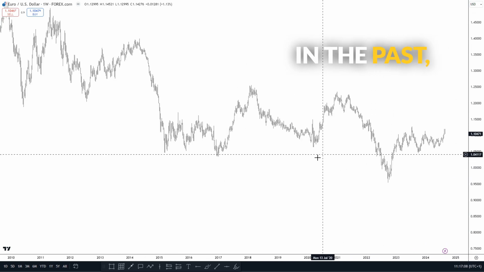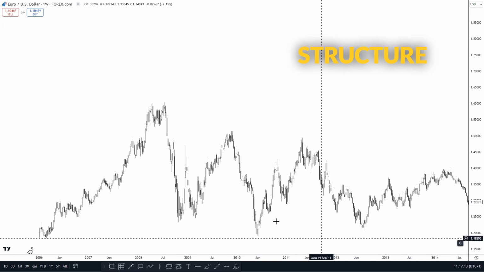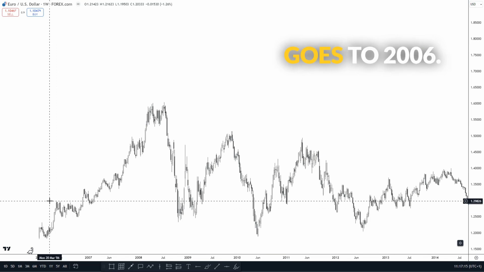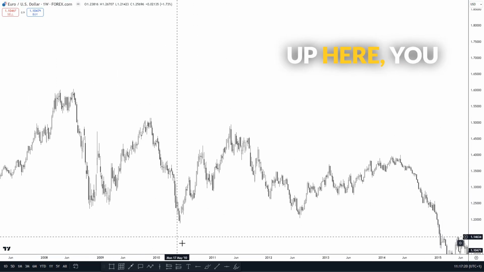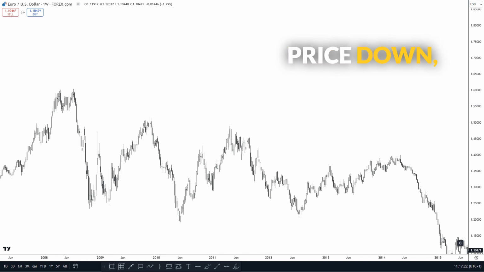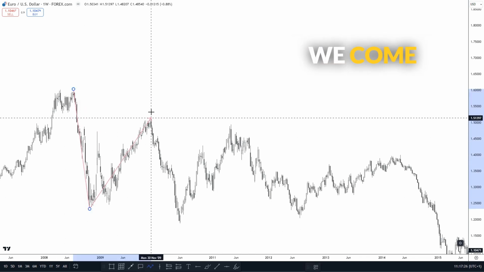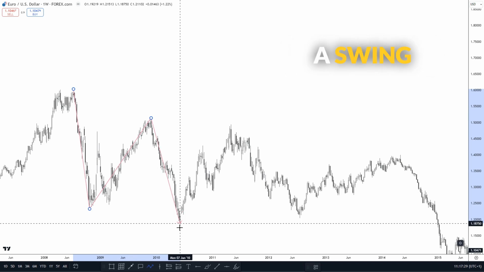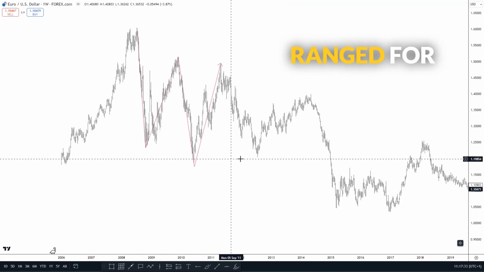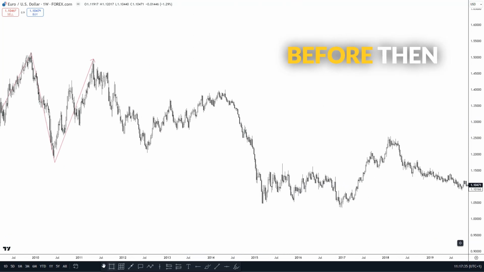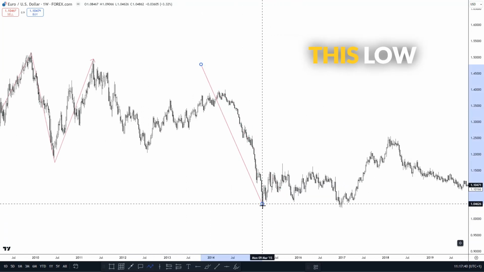Back in the past, I'd have been looking at the overall swing structure, back in, this goes to 2006, and I'd be like, right, if we start up here, we're following price down, we'll probably have a big leg coming down, then we come up, then we break that, we've got a swing structure here, we're coming up, and we ranged for an eternity over here before then coming to break this low.